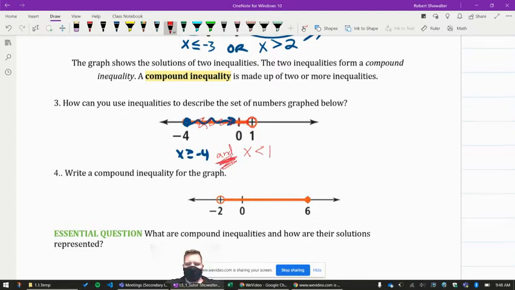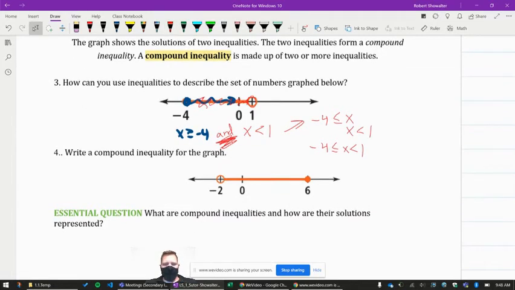Or we can write it as one inequality: -4, same symbol, but we're reflecting the whole thing, is less than or equal to x, and then x is less than 1. Now combine those. There we go.